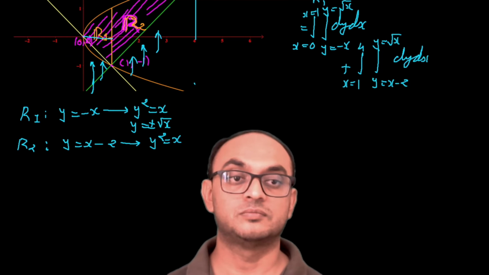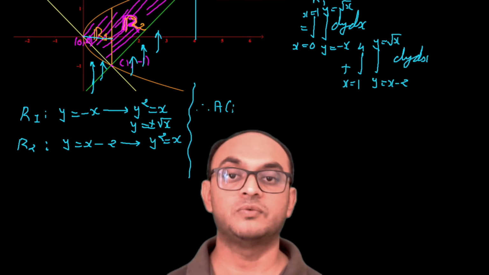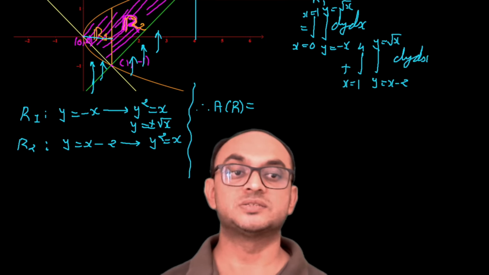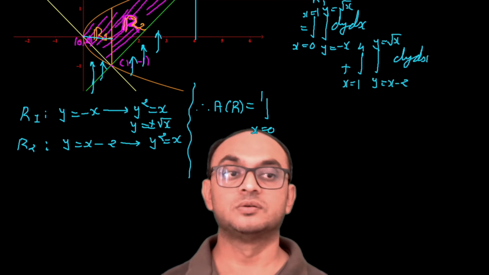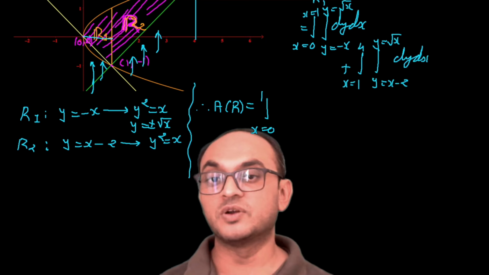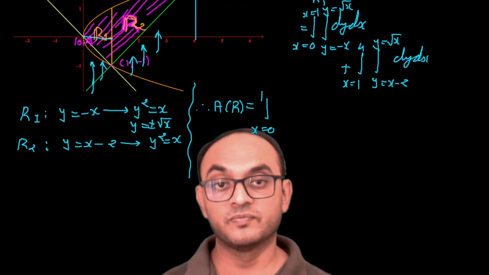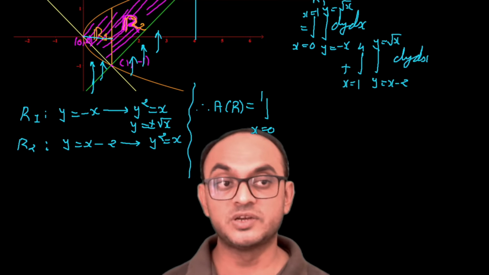Therefore, area of the region R is equal to the integration from x equal to 0 to 1. The integration of 1 with respect to y is y. We have substituted the limits, right?